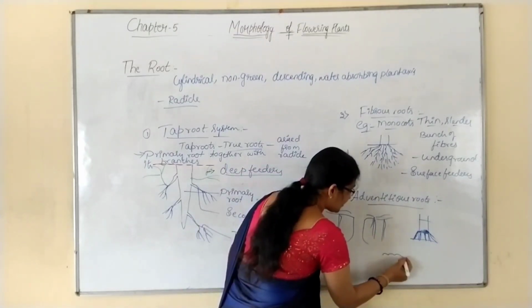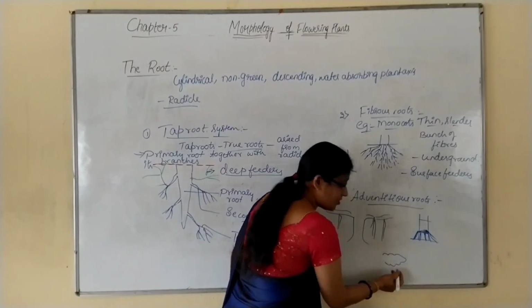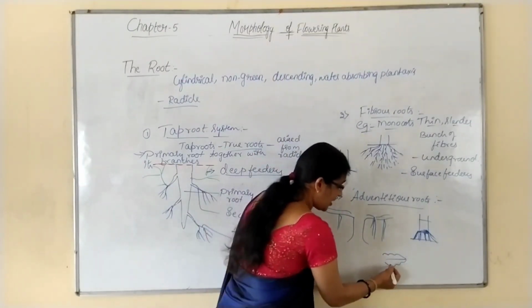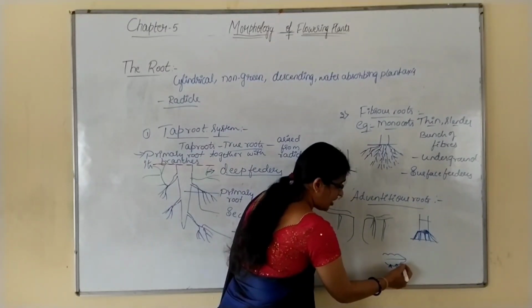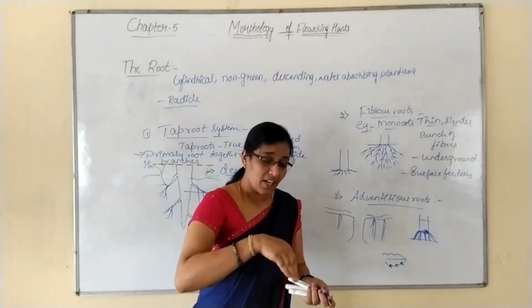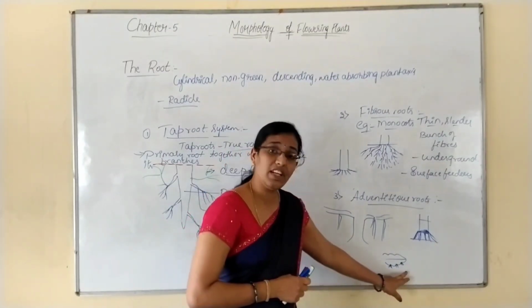See here, when you place these leaves horizontally on the soil surface, you can find the arrangement of small thread-like structures towards the lower surface of the leaf.